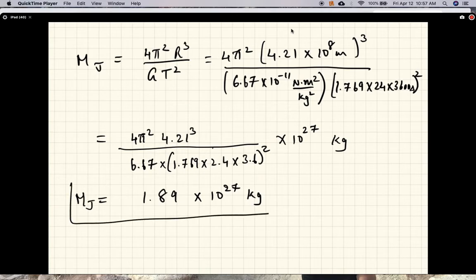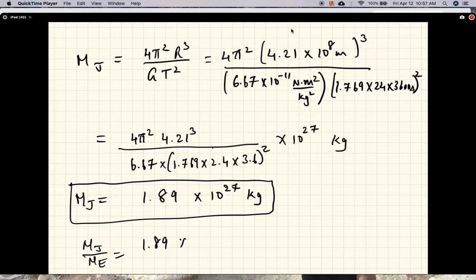Now we'll just compare it to the mass of Earth to get a sense for it. The mass of Jupiter over the mass of Earth is 1.89 times 10 to the 27 kg divided by 6 times 10 to the 24 kg, that's the mass of Earth. Essentially we'll borrow 3 zeros here, so 1890 times 10 to the 24 kg.